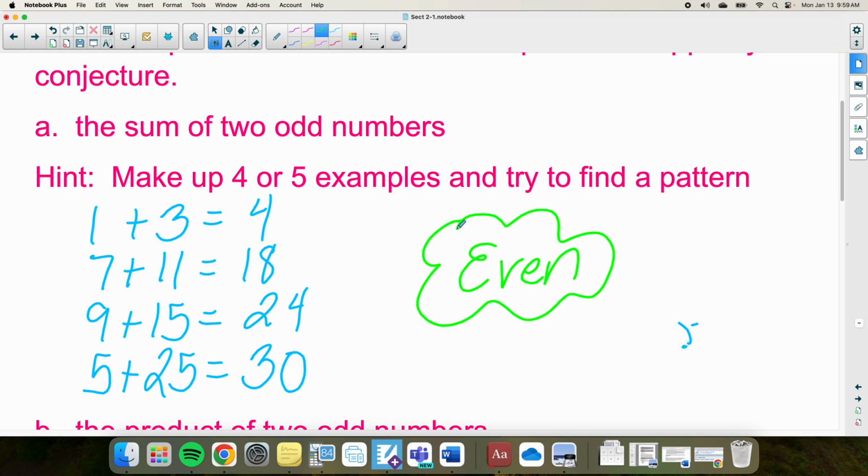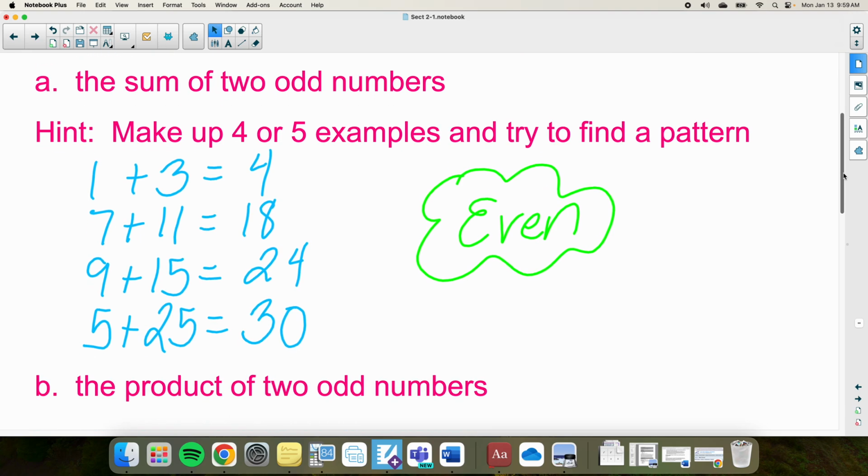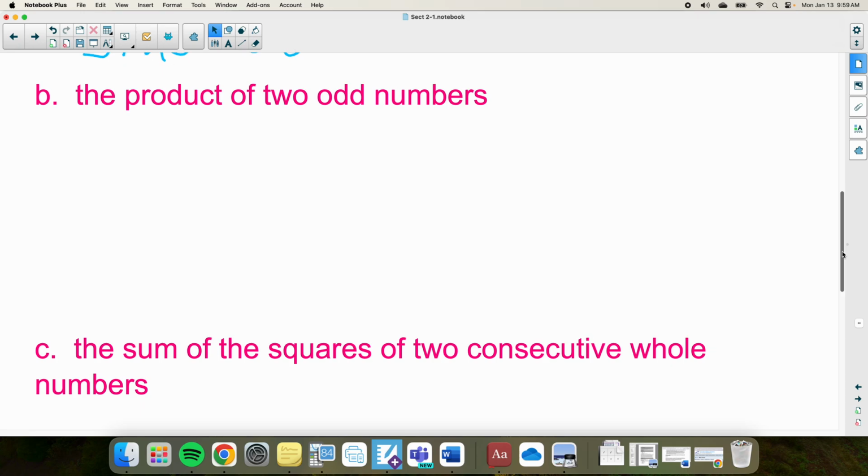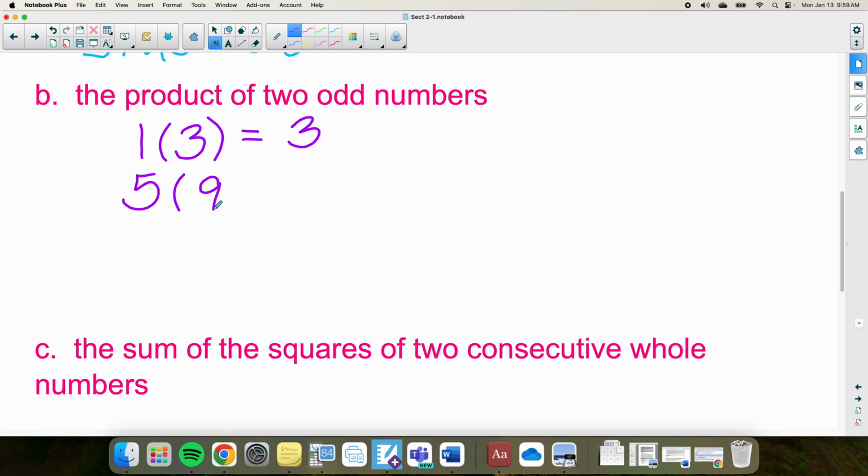So whenever you add two odd numbers together, this is just saying the answer is always going to be even. Okay? Now they want us to find the product of any two odd numbers. So again, any two. I'm going to do 1 times 3 first, and that's 3. I'm going to do 5 times 9, that's 45.